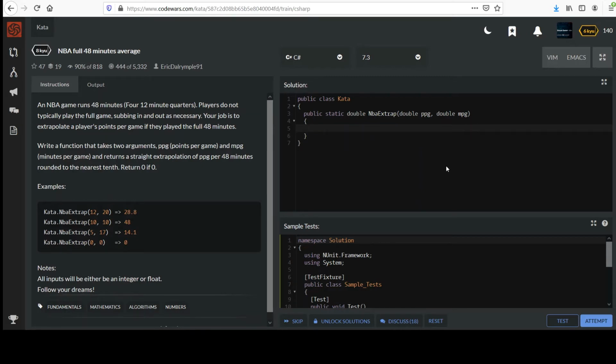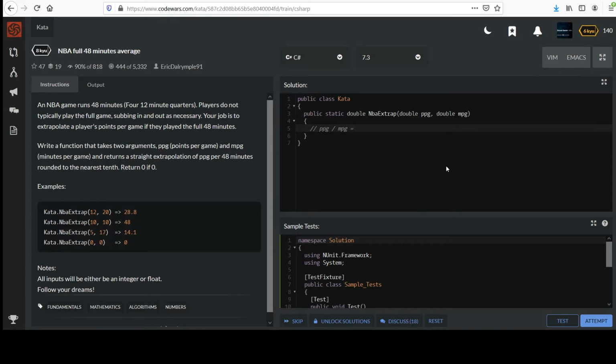Pause the video, have a go at this one and come on back. So essentially what we're trying to do here is we can set it up like a ratio. You can think of the points per game over minutes per game, which is going to be less than the full game because players get subbed in and out.